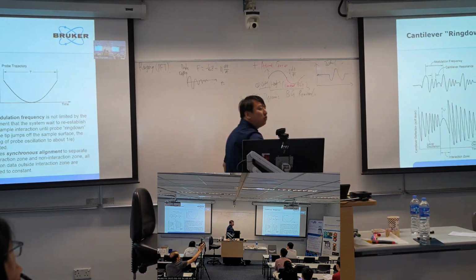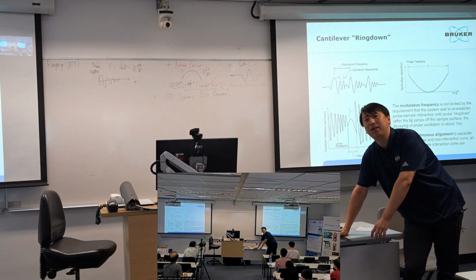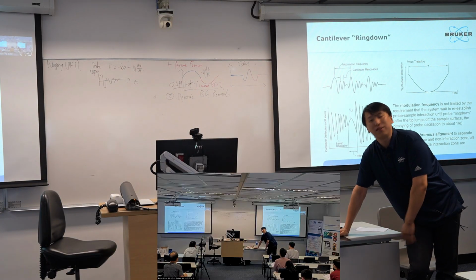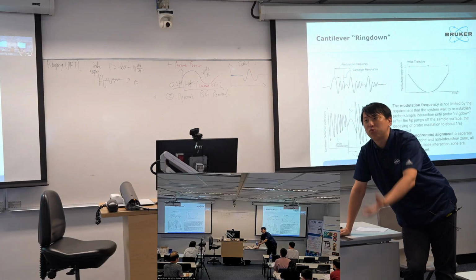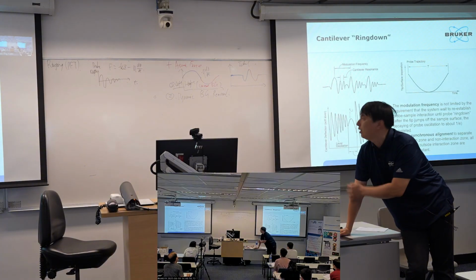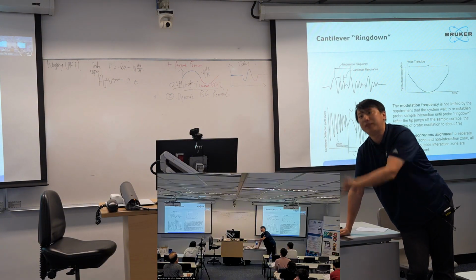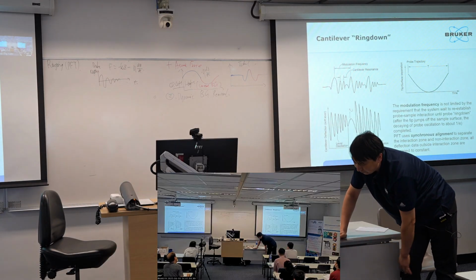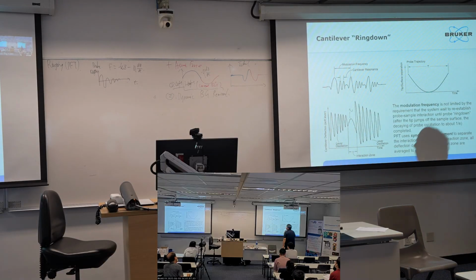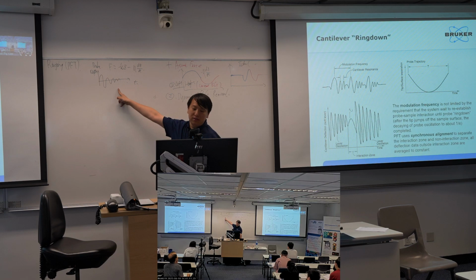You give a force, it has a stiffness, a spring constant, so it will obey Hooke's law, but it vibrates inside the liquid, which gives a hydrodynamic force. So its vibration will be damping, right? So it will follow this kind of damped oscillation, something like this.